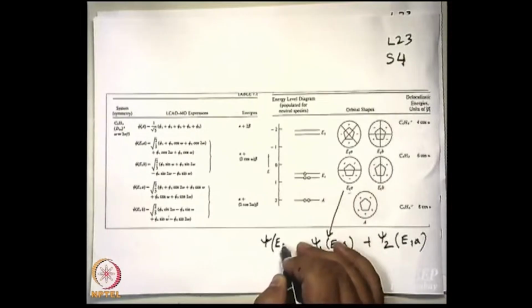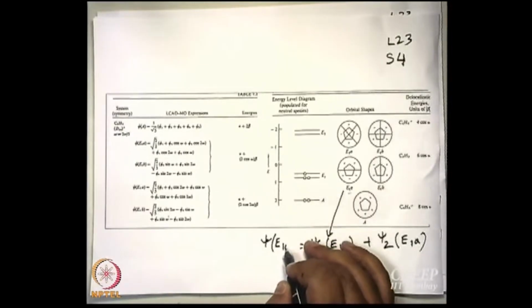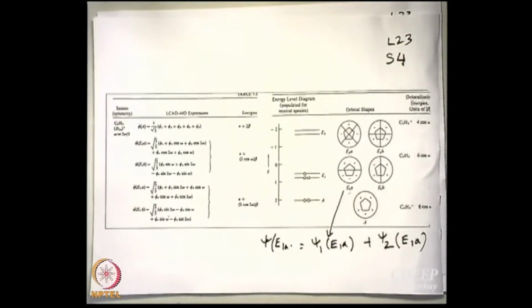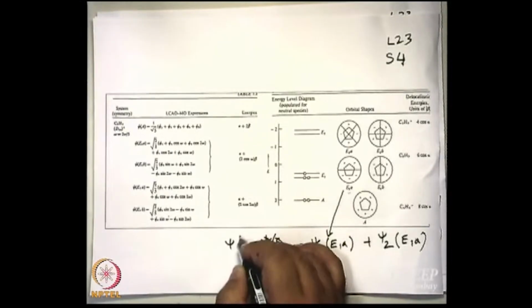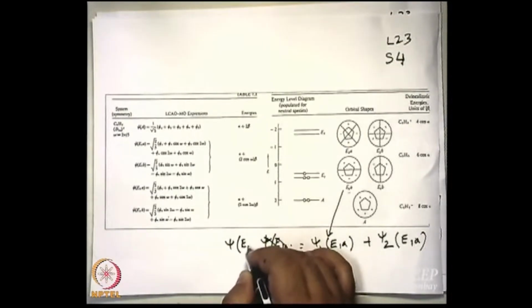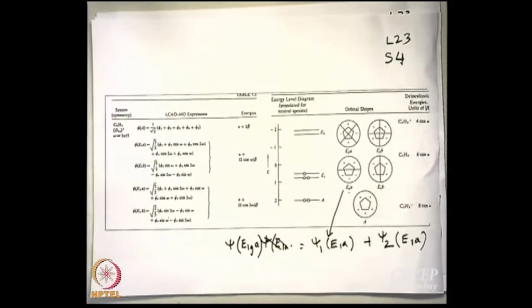So E1 is already there, A is already there, it is just that I have not left any space for G. That's why I stopped. Something like this. Right or wrong?